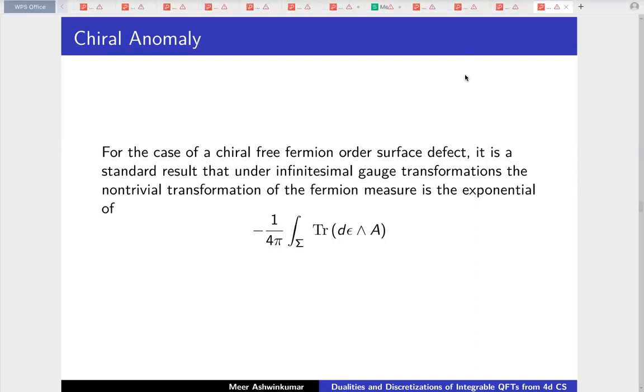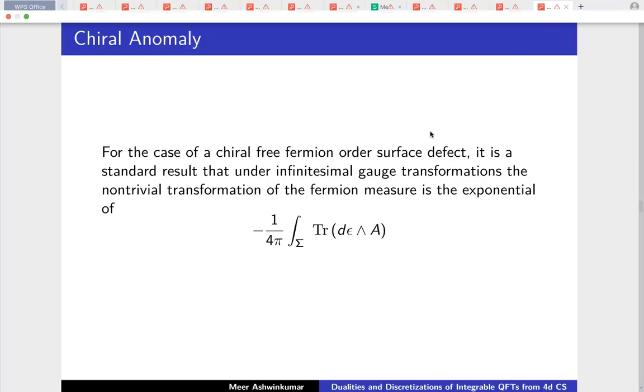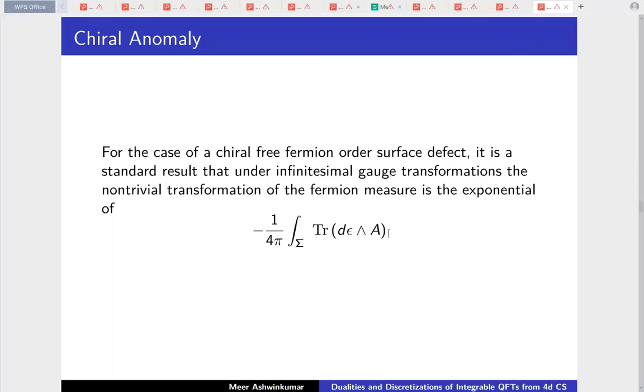In fact, the gauge anomaly, or rather the chiral anomaly, is widely studied, and it's available in textbooks. You can find and show that the measure transforms in this manner if the gauge transformation parameter is epsilon.